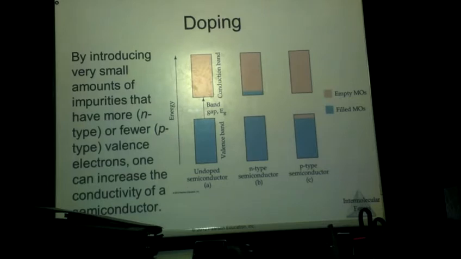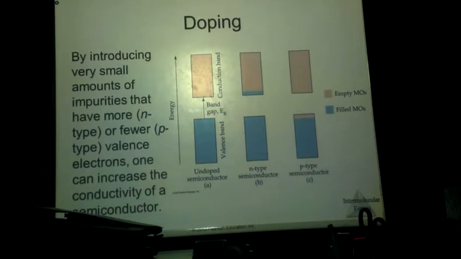I'm adding extra electrons into those anti-bonding orbitals. So ultimately, all this is doing is giving me more electrons, so that way I can increase that conduction band. And when we do that, we see that if we add just a very small number of electrons, then depending on whatever element we're talking about, it can increase its electrical conductivity just because of the presence of those impurities, just because of the presence of some extra electrons.